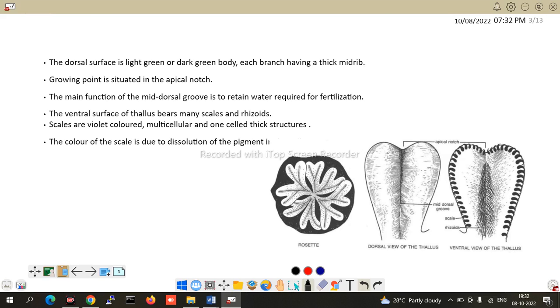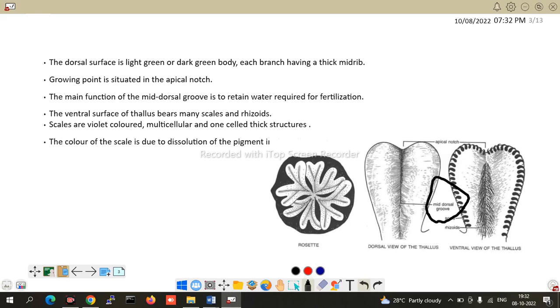The main function of the mid-dorsal groove is to retain water required for fertilization. Here is the mid-dorsal groove, here is the central line. The straight line is the mid-dorsal groove, which helps in retaining water required for fertilization.